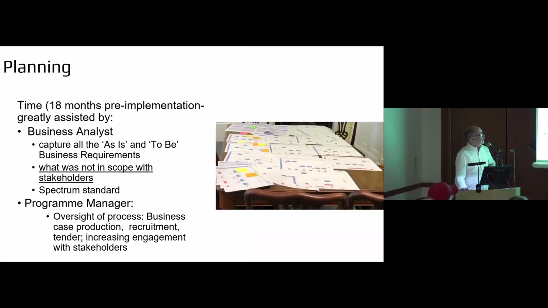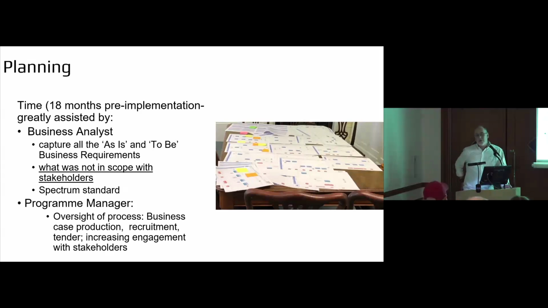Planning. We asked a lot of people, we went around, and people said it takes about 18 months. And I'm thinking, 18 months, they're mad, what are we doing? We'll do it in about 6. In fact, from when we started the project to when we finished the first tender, it took us 18 months, pretty much.